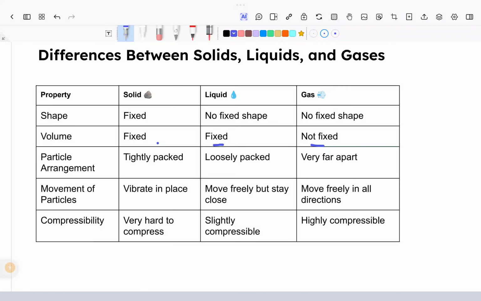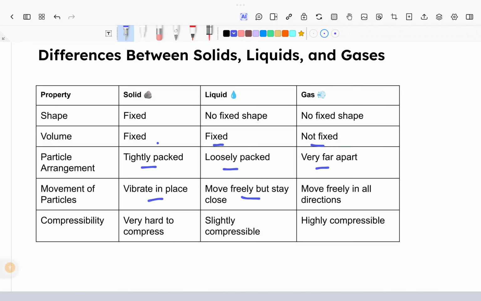When it comes to particle arrangement, the particles in a solid are very tightly packed, the particles in a liquid are loosely packed, whereas the particles in a gas are very far apart. When it comes to movement of particles, in solids they vibrate in one place, in liquids they move freely but stay very close, whereas in gases they can move freely in all directions.